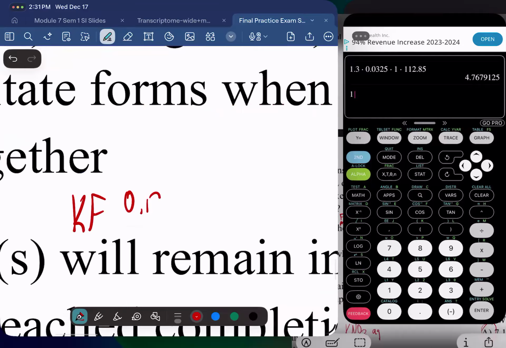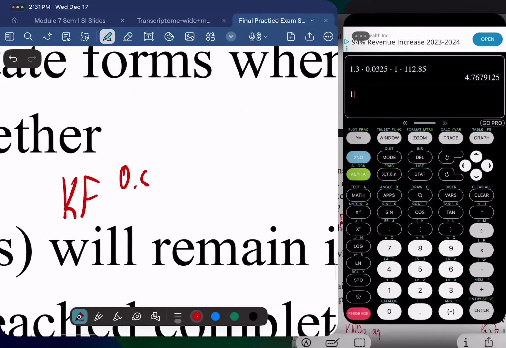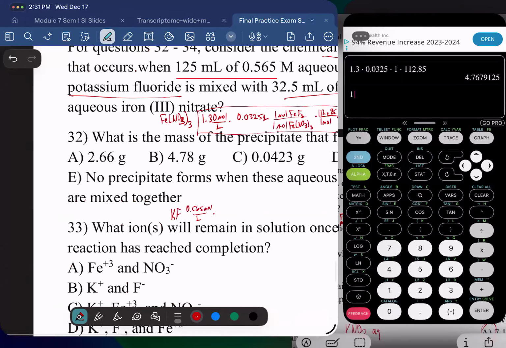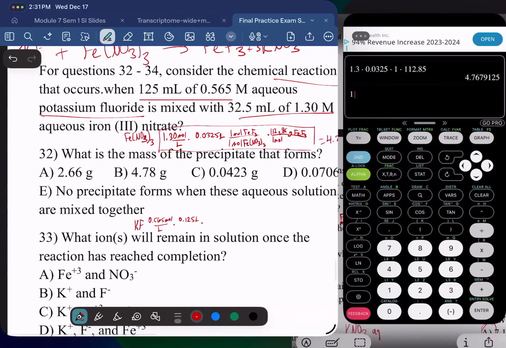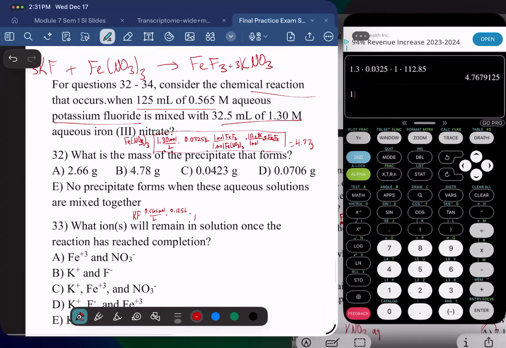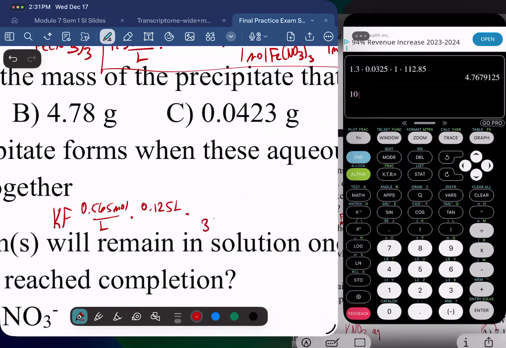We've got 0.565 moles over liters times 0.125 liters times, for every 3 moles of KF, 1 mole of FeF3 is produced, right?